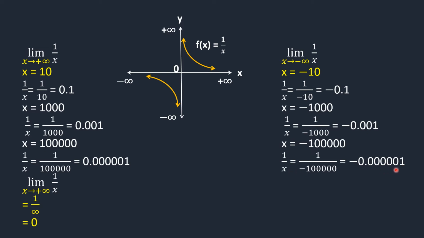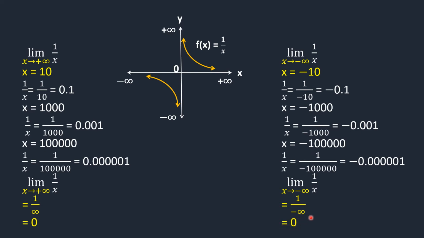Here we observe that as the value of x goes on reducing in the negative direction, the value of 1 over x goes on increasing towards 0. Therefore, the limit 1 over x as x approaches minus infinity will be 1 over minus infinity, which will be 0.